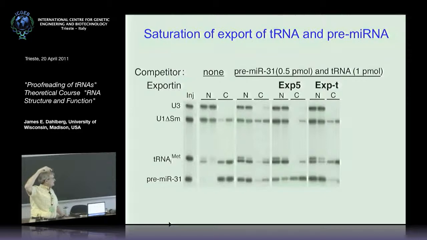So that says that what had been saturated by the competitor is the endogenous exportin 5. And this is not at all a surprise because it's been known for several years. Exportin-t now rescues the export of the tRNA, but it does not rescue the export of the microRNA. Okay? So that shows the specificity of these two different export receptors.